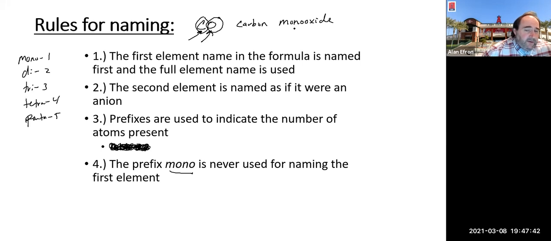Now, if we just wrote it exactly the way it is, we end up with carbon monooxide, and we really don't call it that. So because there's two O's, we typically will drop the O off of the prefix, and this actually is called carbon monoxide. Again, one O. So it's a very common sort of thing.